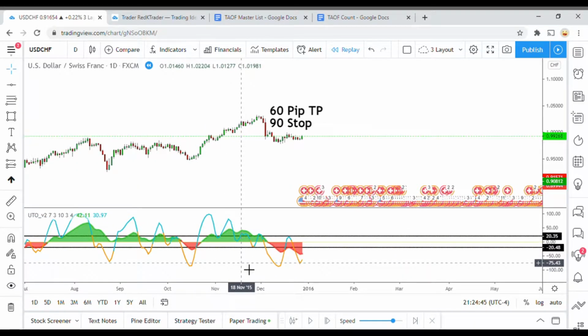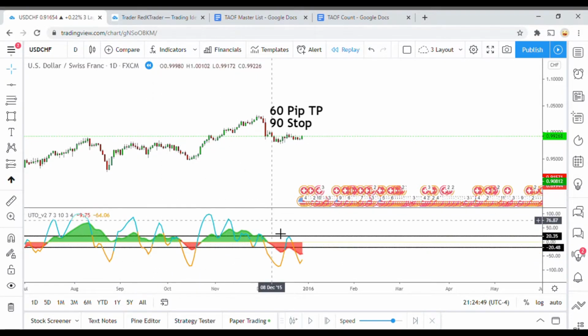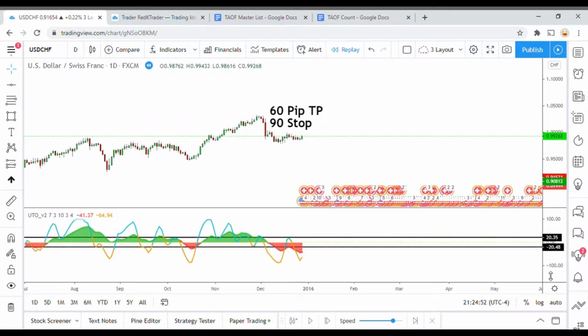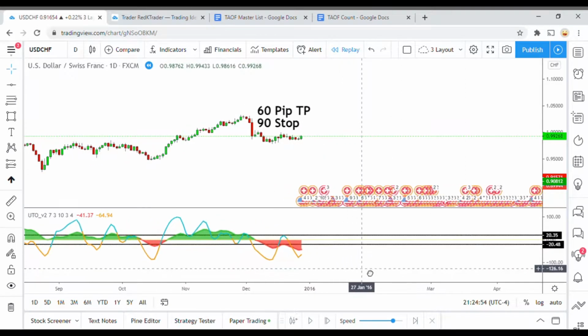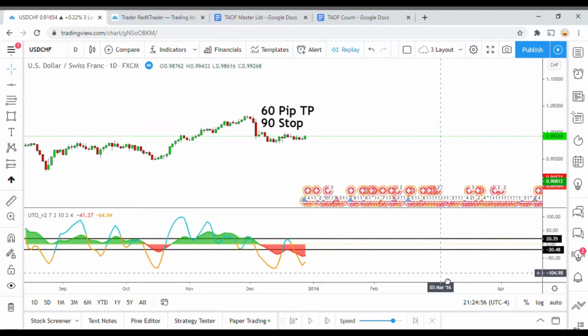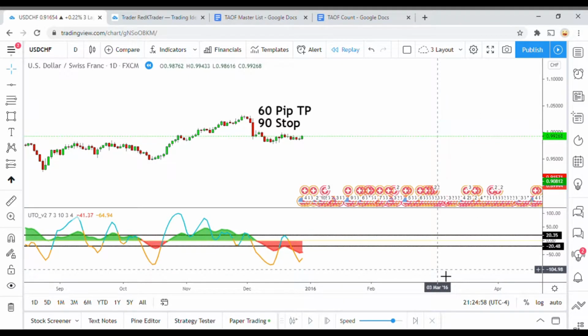Super hard to see. Like I said, there's not a ton of things going on with the indicator, but enough to definitely scratch your head a little bit.